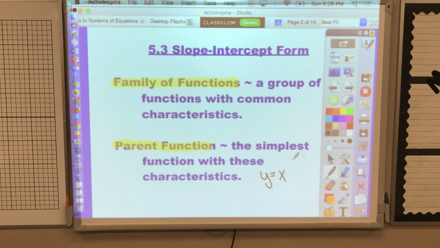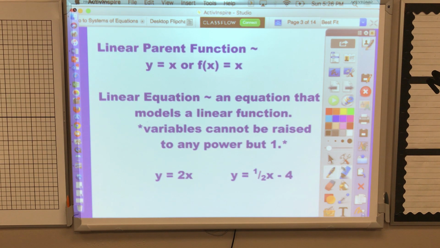So this is called a parent function, the linear parent function. So y equals x, or in function notation, f of x equals x.